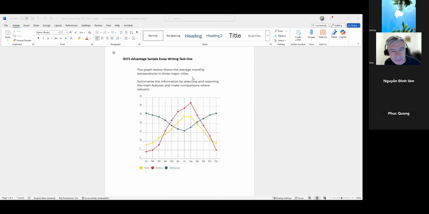Big. Okay. So one way of paraphrasing this is to say the graph underneath illustrates the average temperature changes every month in three big cities. That is one way we can paraphrase this.